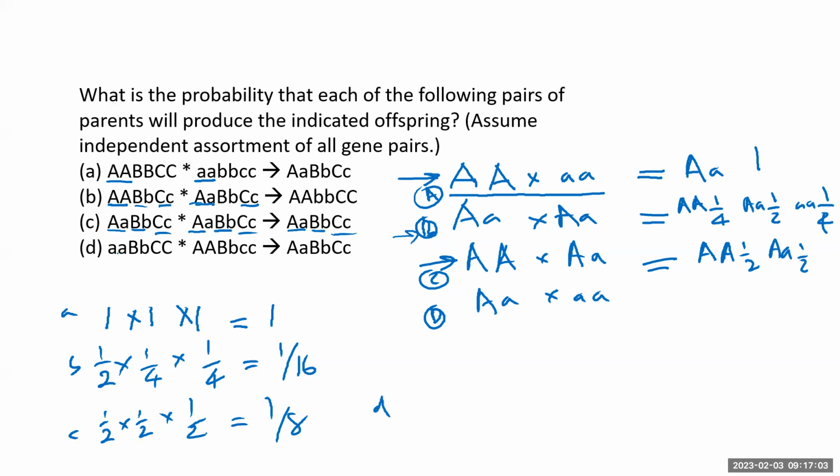D. This is homozygous, homozygous, should be 1. Heterozygous, heterozygous, half. And then homozygous dominant, homozygous, should be 1, right? Half.